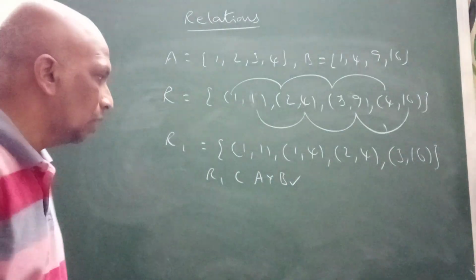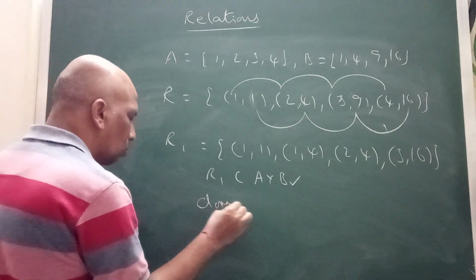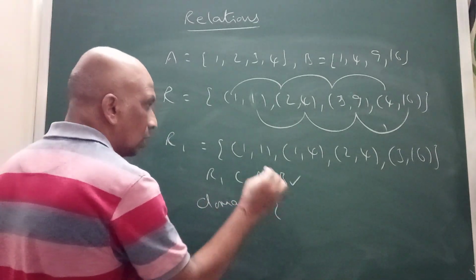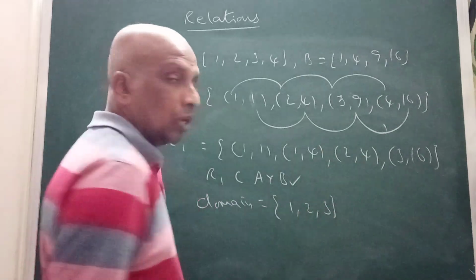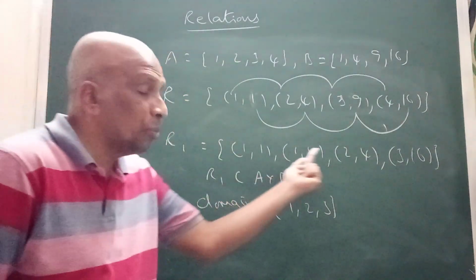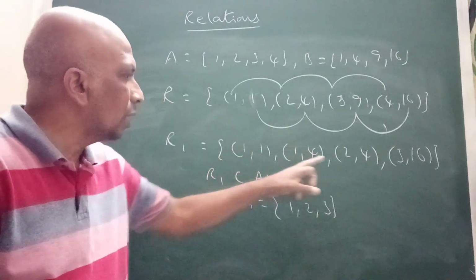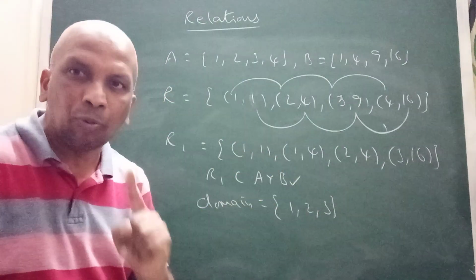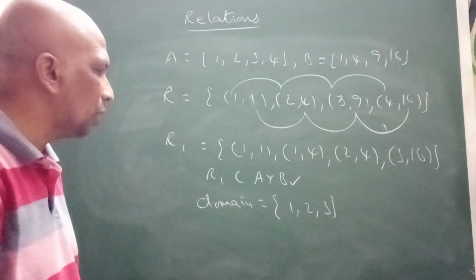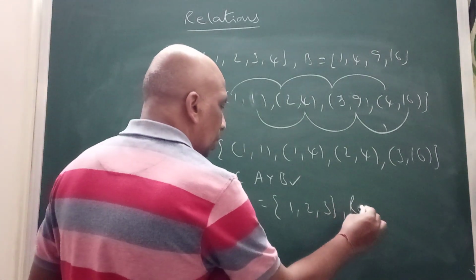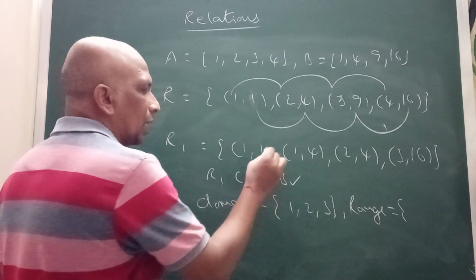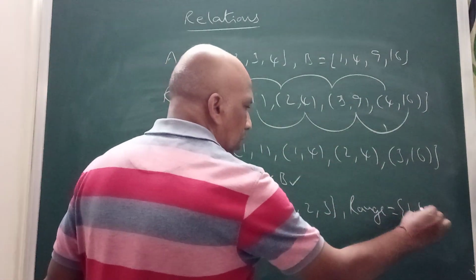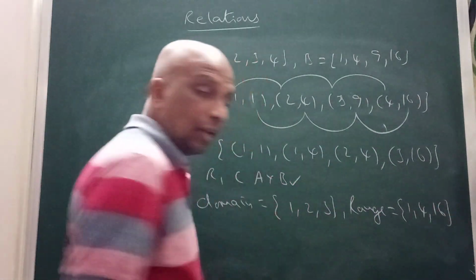Here domain is the set of first elements: 1, 2, 3. 1 is repeated, so take it only one time in the set. What about range? Range is the set of second elements: 1, 4, 16.